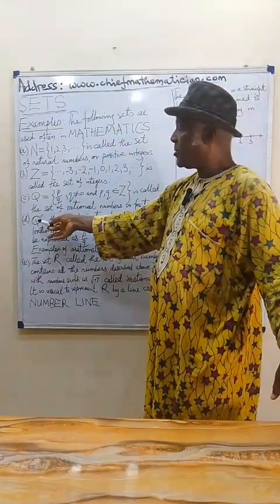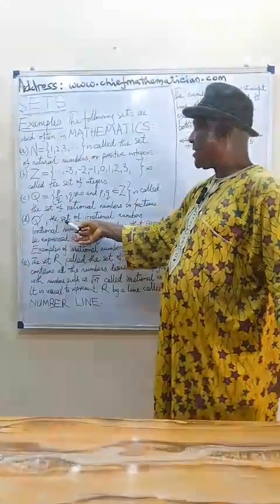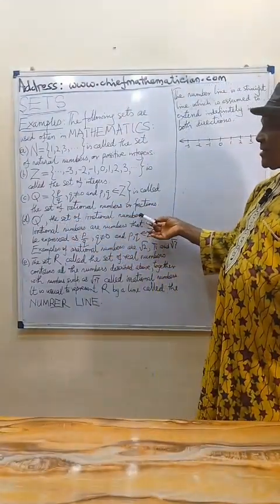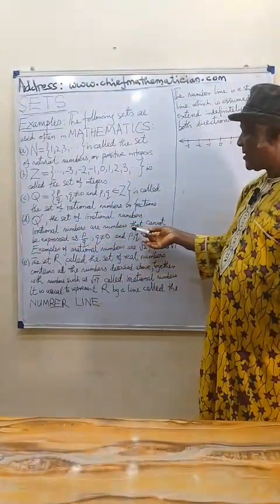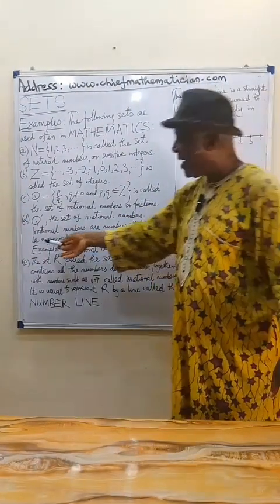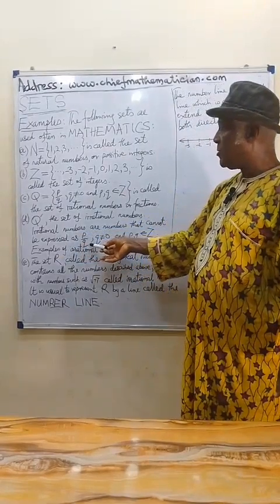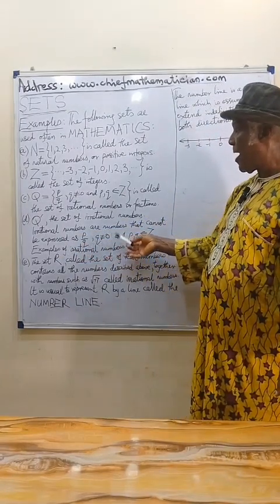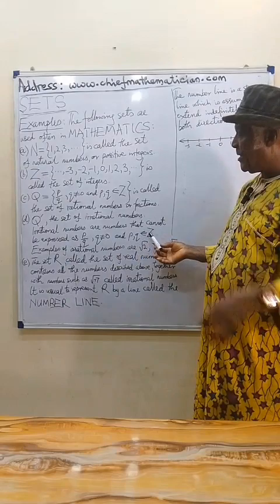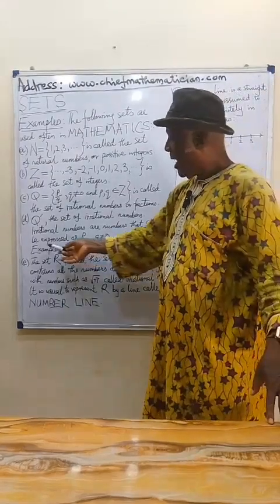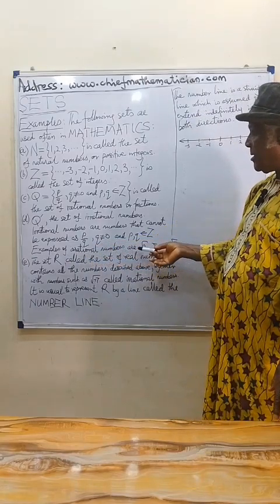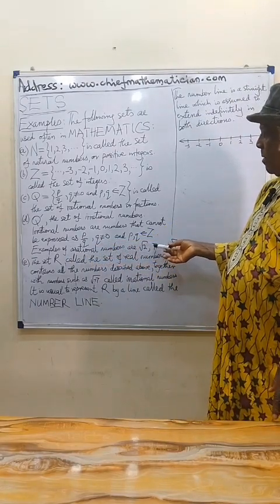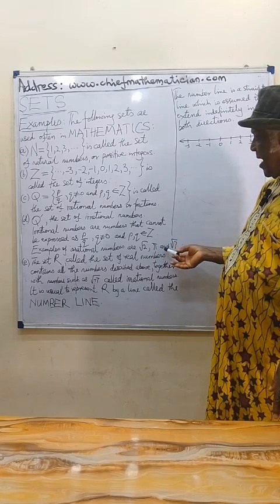Q prime is the set of irrational numbers. Irrational numbers are numbers that cannot be expressed as P over Q, where Q is not equal to 0 and P, Q are elements of Z. Examples of irrational numbers are square root of 2, pi, and square root of 7.